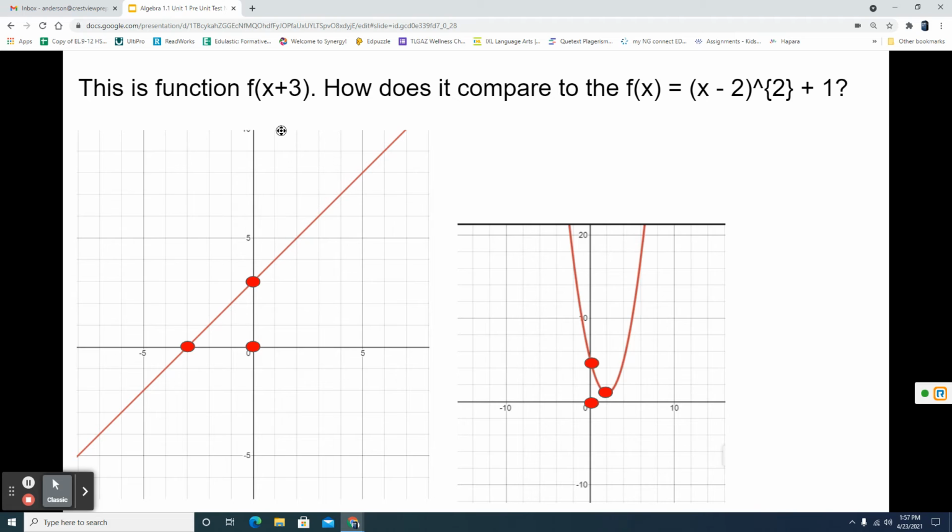This is a function of x plus 3. How does it compare to x minus 2 to the second power plus 1? How does it compare? Well, it goes from 1 and a half to 0, 2 and a half at the origin.